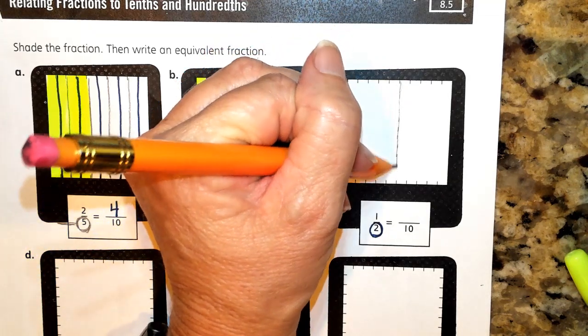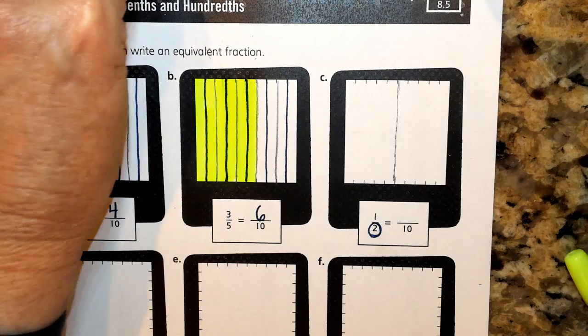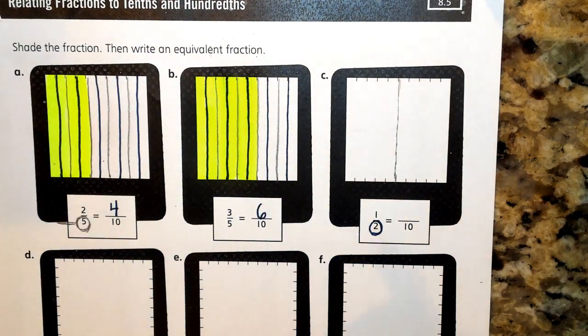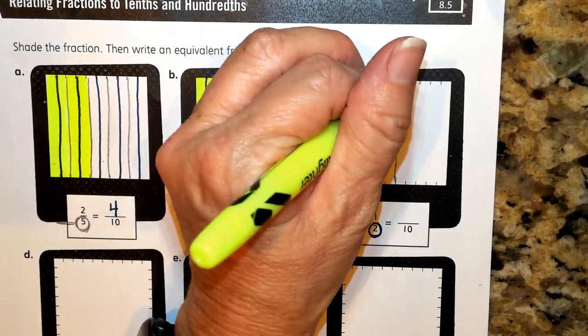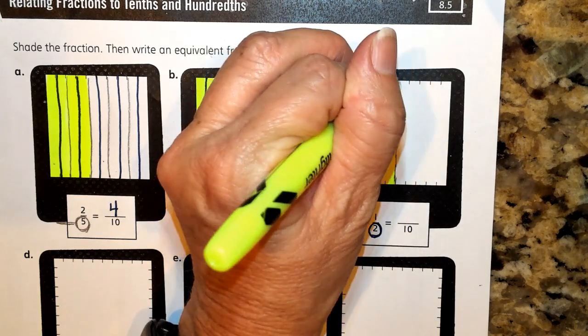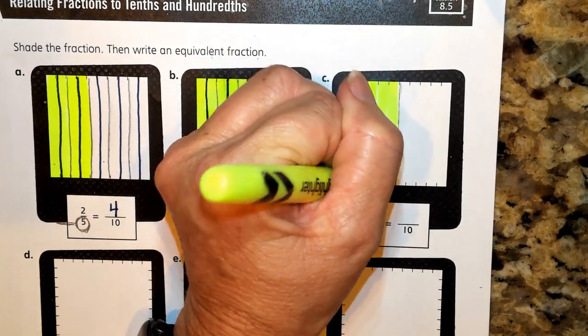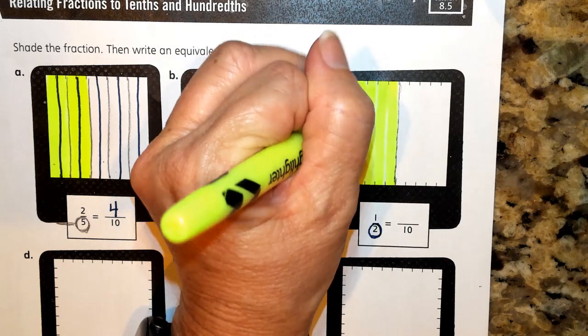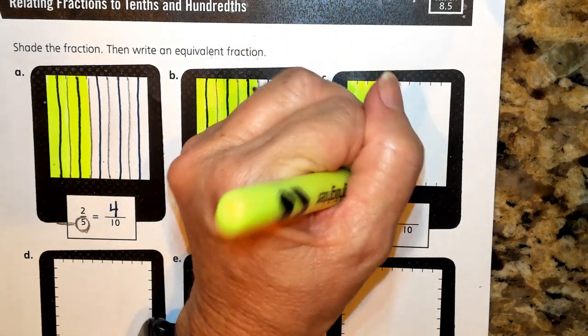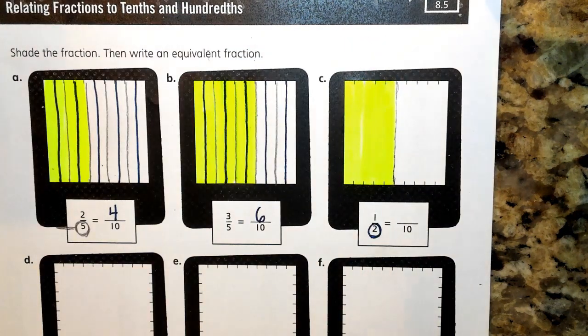And I'm going to cut that right there and shade in half of my model. Okay, so half of my model is shaded.